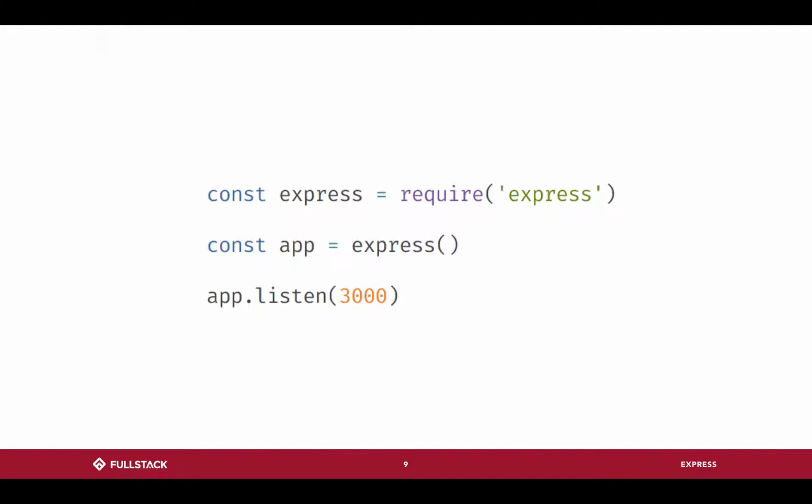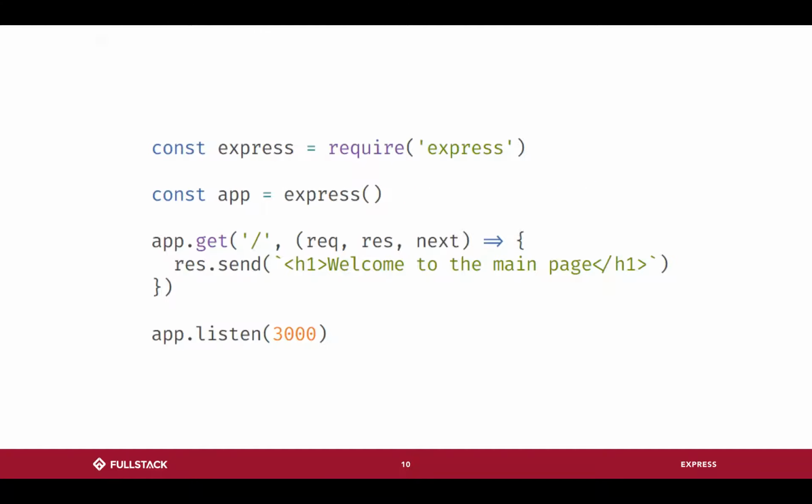So in other words, what this library, what this module express returns, among other things, is a function. And we can run that function to create an instance of an app, like a server. And then to actually make the app go and listen for requests, we can say app.listen and then 3000 or 80 or 8080 or whatever port we want to listen on.